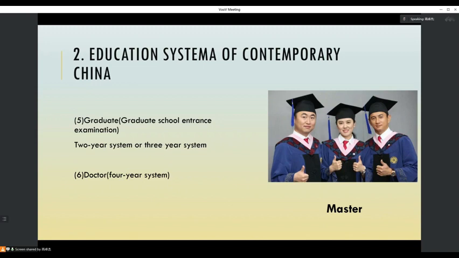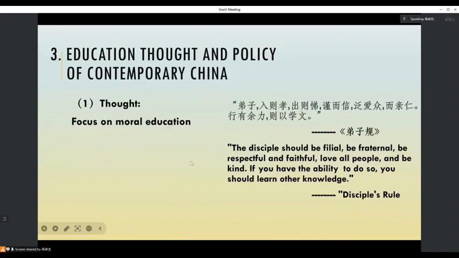But for Chinese, the competition is very bad. The education focuses on moral education.